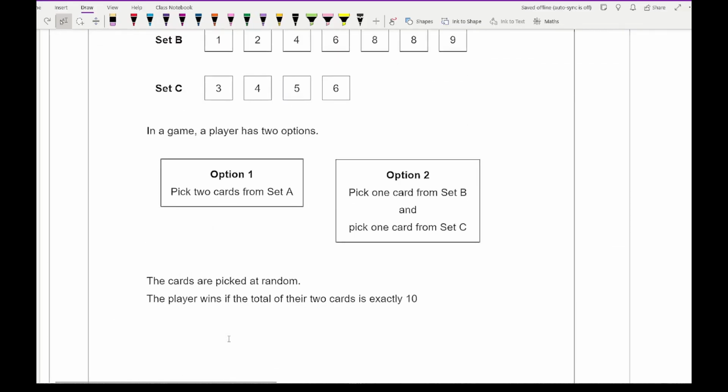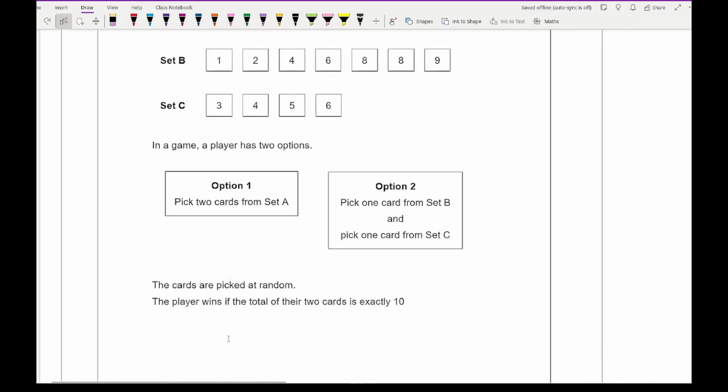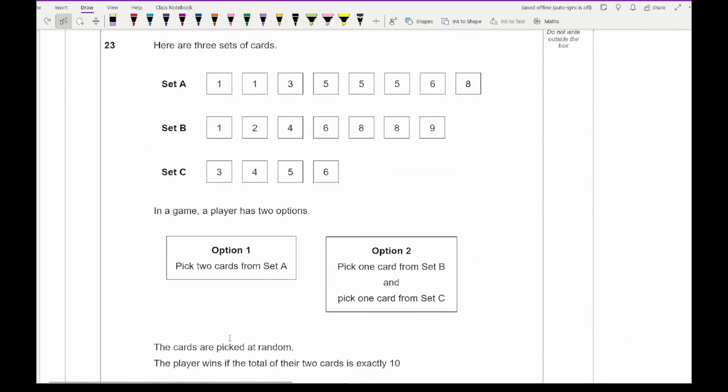Now for this, I'm just going to zoom out so we can see all of this on the screen, and I think we can just about see that. So for this, first of all I'm going to work out the probability of winning with option A. With option A, we're picking 2 cards from set A. The only combination I can get a 10 is if I get a 5 and a 5. The probability of selecting a 5 is 3 out of 8.